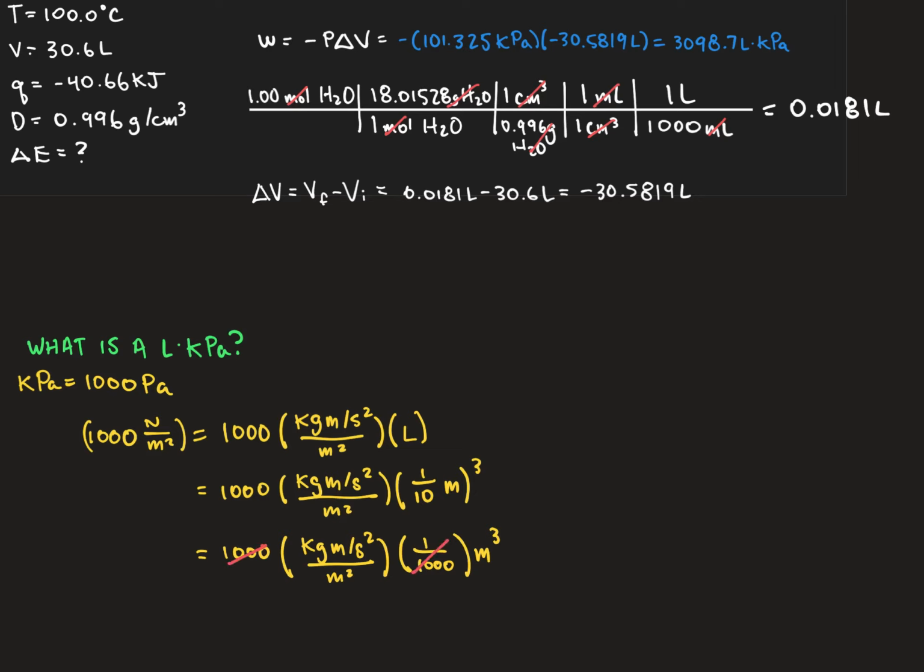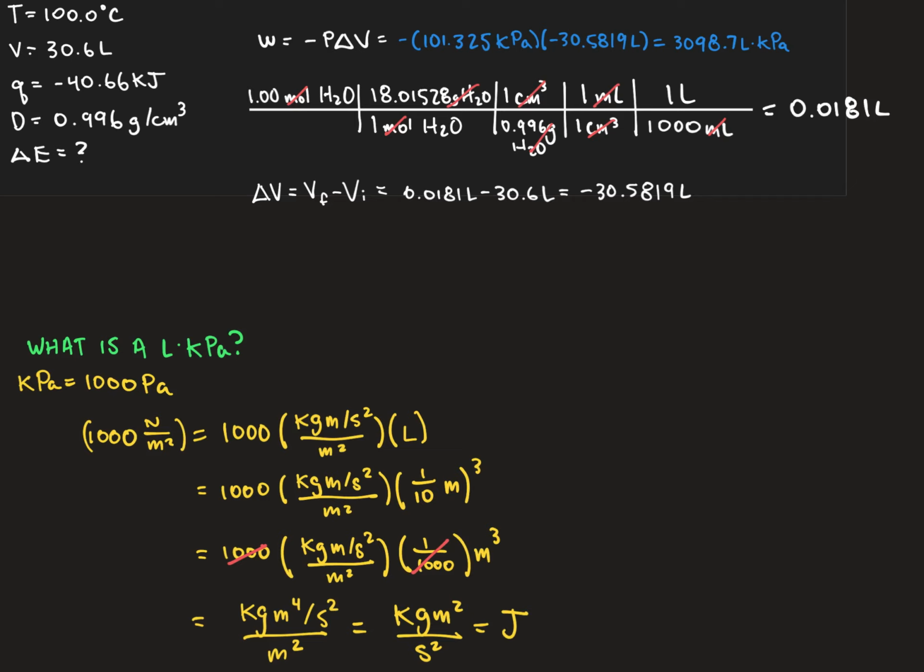And I end up with units of kilograms meters to the fourth per second squared divided by meter squared, which simplifies down to kilograms meters squared per second squared, which again is a joule. So, long story short, a liter kilopascal is a unit of energy. It is a unit equivalent to a joule.